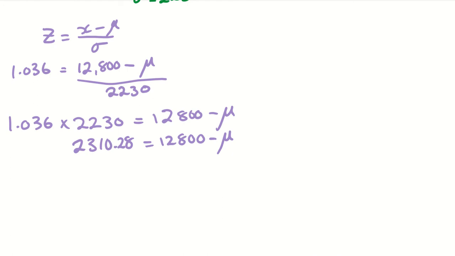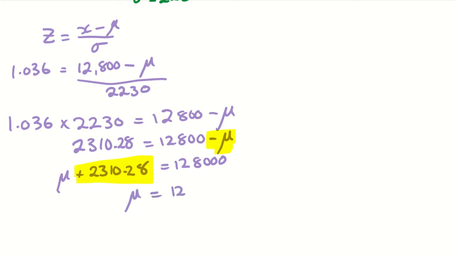Now I'm going to move the mean to the other side of the equation, and it's going to become positive. So I get the mean plus 2,310 is equal to 12,800. Now I'm going to move this 2,310 across, and that's going to become a minus.